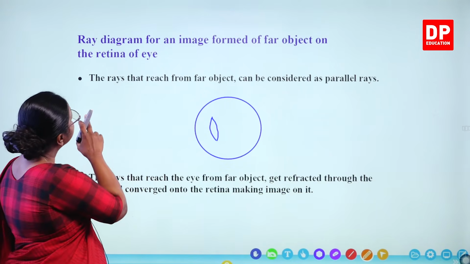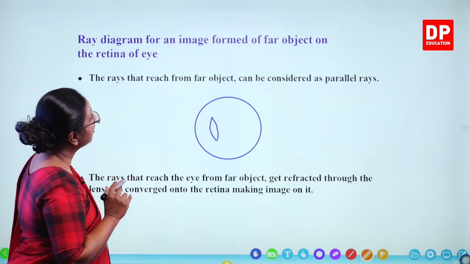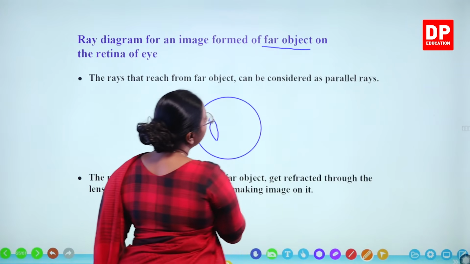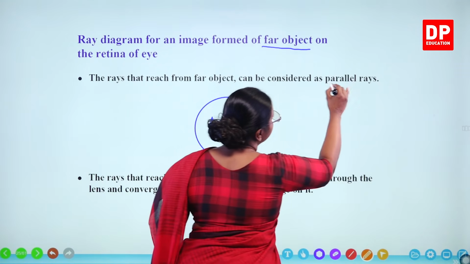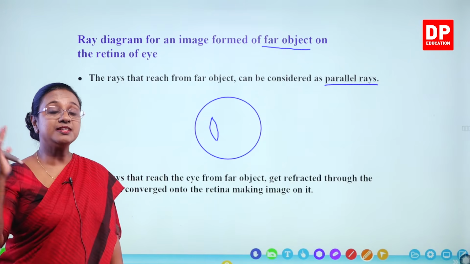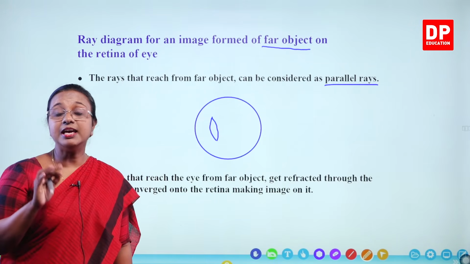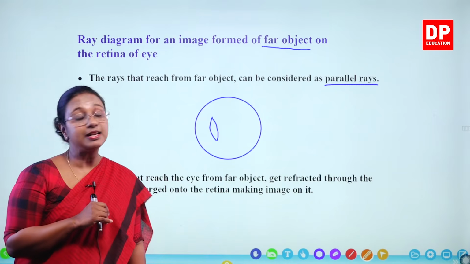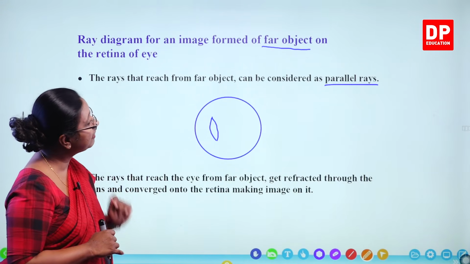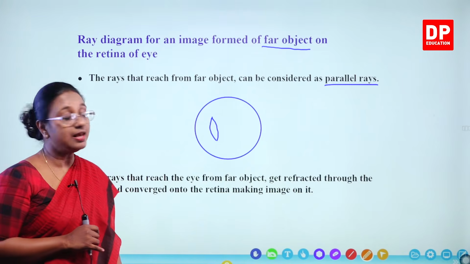So then, if we try to draw the ray diagram for an image for a far object, now this is going to be a far object, the rays are going to be parallel. Always from far away objects, the light rays that come to our eye are going to be parallel rays. So the rays that reach from a far object can be considered as parallel rays.